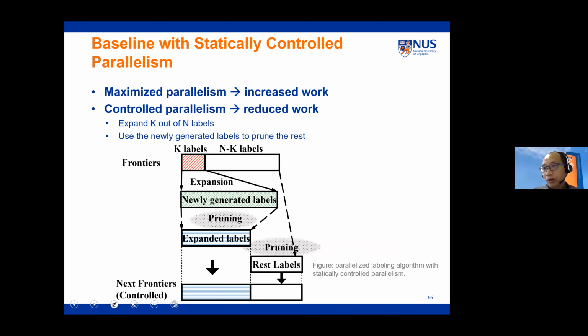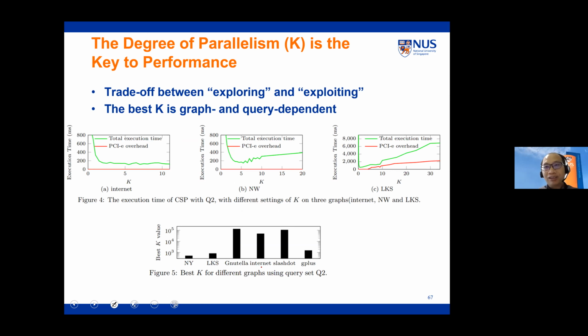As you have already seen in the figures, this suitable degree of parallelism is quite tricky in the sense that it can vary for different graphs, different applications, and even different constraints. And of course we also have different hardware.